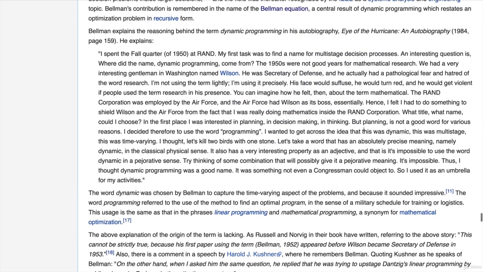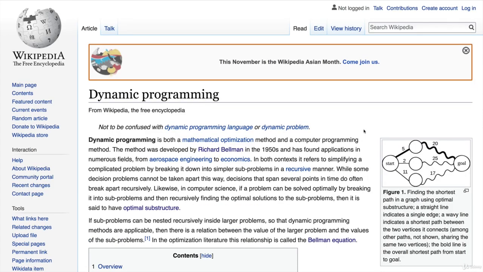So when we put together dynamic and programming, it sounds like something that makes sense in today's modern world around code and ever-changing, fast-paced, crazy algorithms. That's not what it is. What it actually refers to is coming up with an optimal solution, both outside of the code world, just in math in general and planning or making decisions, but then it was also applied into the world of code and programming as we know it, which is what we're going to talk about.